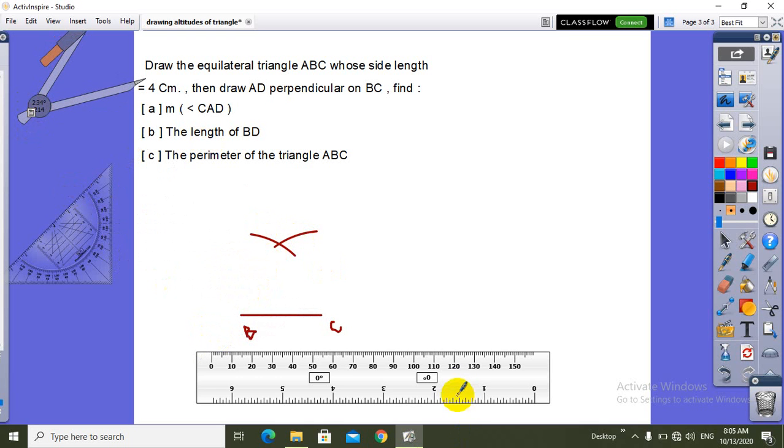Then I will go back to the ruler to join BC, and this point A with B and C. This is the point of intersection that I will join by using the ruler.